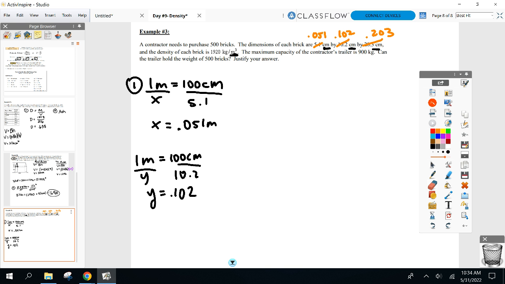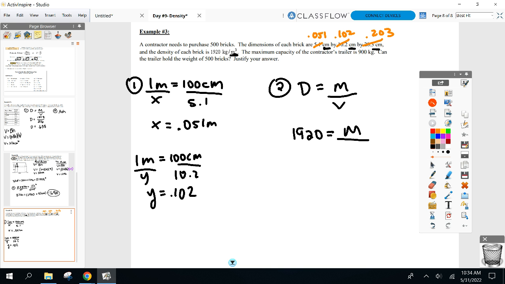Everyone got them converted? 0.051, 0.102, 0.203. All right, you told us I should probably find the weight of a brick, right? The mass. So density equals M over V. Now that it's in the same units, density 1920 equals mass over, can you find the volume of the brick now, with your new converted units?